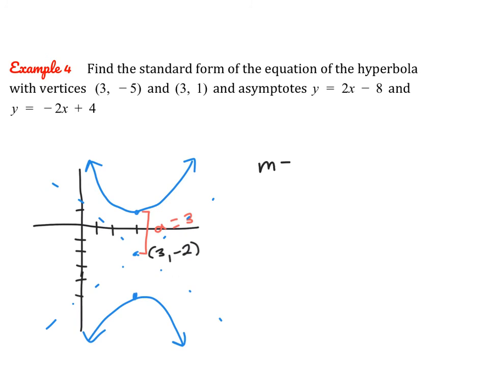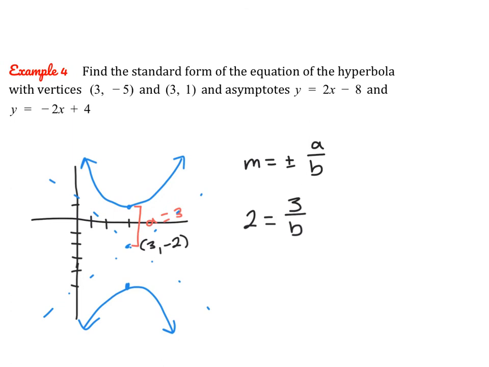So the slopes are going to be plus or minus a over b. Well, we know that the slope is 2, so 2 is going to be a, which is 3, over b. So I can use this to solve for b. I can say 2b equals 3, so b equals 3 over 2. So that is going to be our b value.